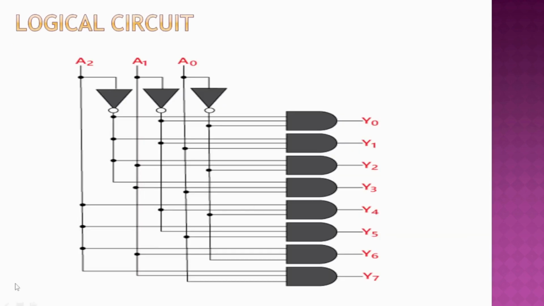You need to consider this one value to write the equation for all the outputs. This is the logical diagram for the 3 by 8 decoder. So you will have 3 inputs, A2, A1 and A0.